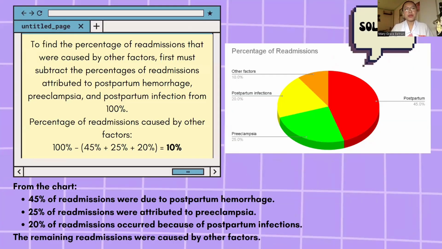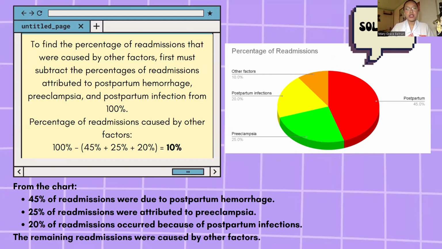In sample problem number 2, to find the percentage of readmissions that were caused by other factors, we must subtract the percentages of readmissions attributed to postpartum hemorrhage, preeclampsia, and postpartum infection from 100%.